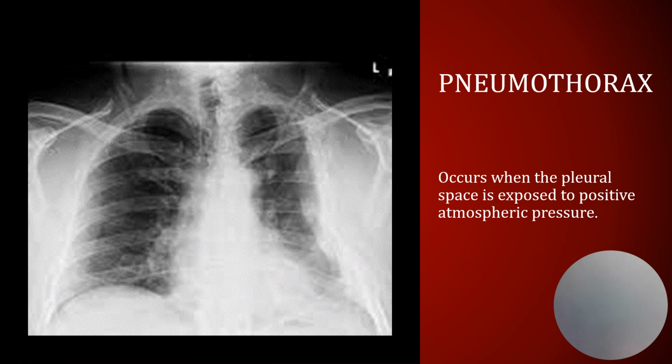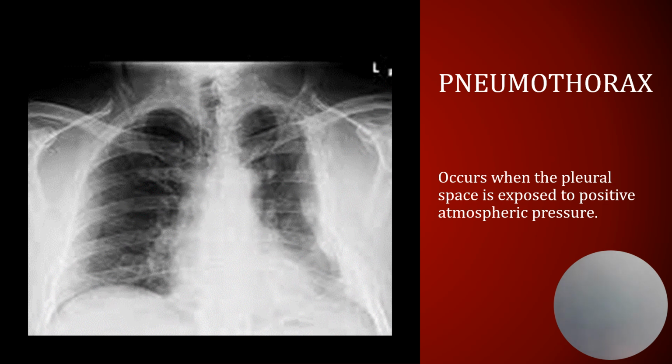Eventually, and sometimes it doesn't take very long, it will cause compression of the heart, and it will shove all of the organs within the chest to the opposite side of the pneumothorax. We call this a mediastinal shift. And with that mediastinal shift, literally everything in the chest cavity is shoved past the midline.